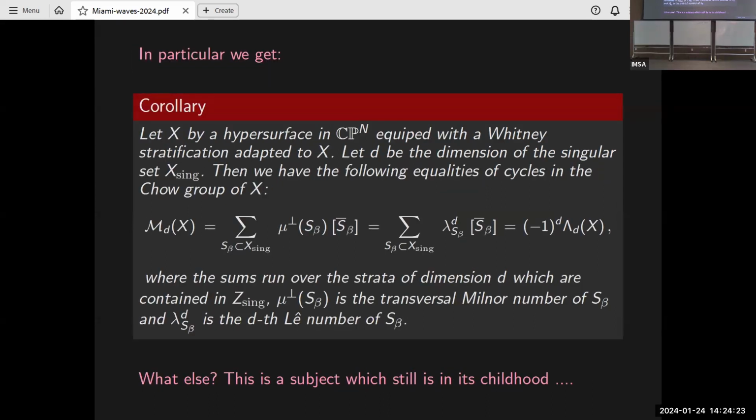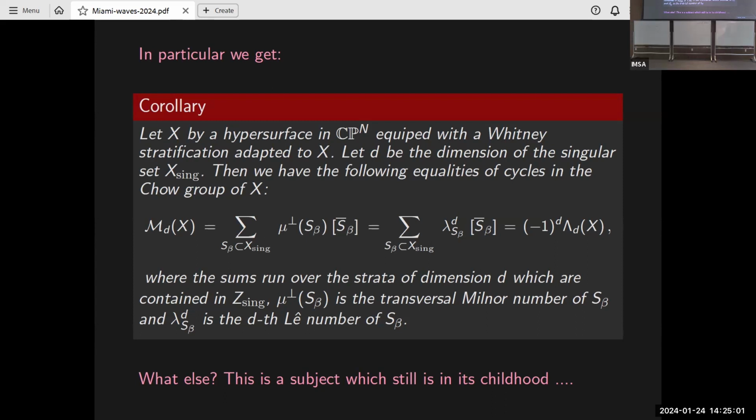Just as a corollary, if you look at Milnor classes, it is quite intriguing. Suppose the singular set is of dimension d, and you look at the Milnor class in top dimension. It turns out that it is just taking the fundamental class represented by the singular set, and at each point of the regular part, you look at the transversal, you have a singularity there that has a Milnor number, you take that Milnor number, and that's the Milnor class.